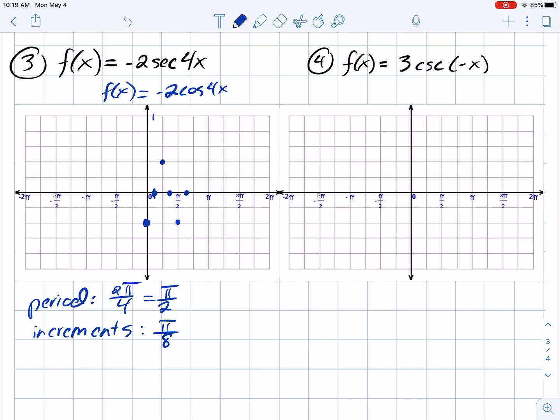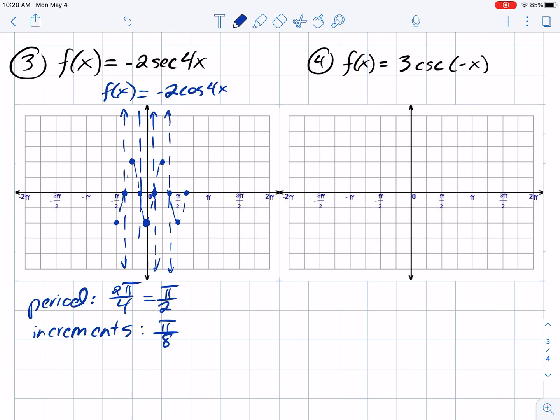Everywhere you cross the x-axis is an asymptote. Remember, where cosine equals 0, secant is undefined. Let's do the same on this side. Pi over 8, pi over 8, pi over 8, pi over 8. Everywhere you cross the x-axis is an asymptote.